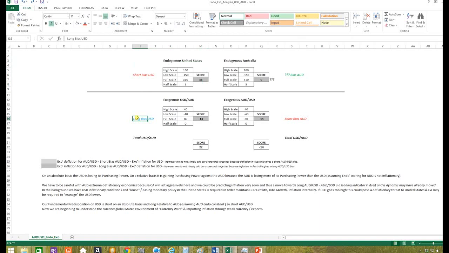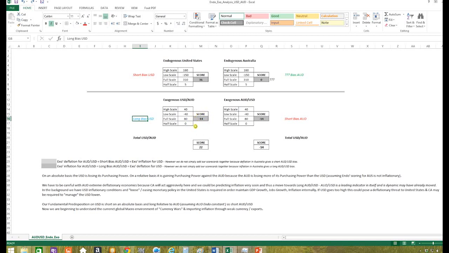Now let's have a look at this in a bit more detail in terms of the dynamic relativity principle. If we have a deflationary number over here and we have a short bias in Aussie dollar, US dollar, then deflation on the Australian economy side would imply through the dynamic relativity principle that we have inflation or inflationary conditions in the United States.